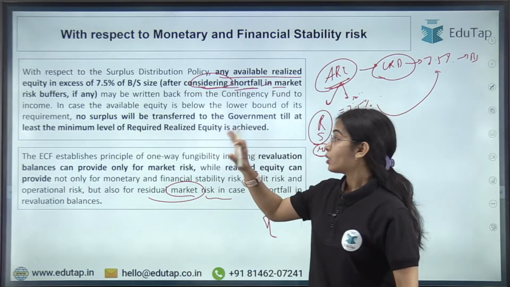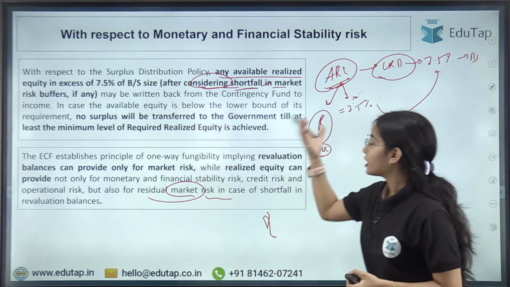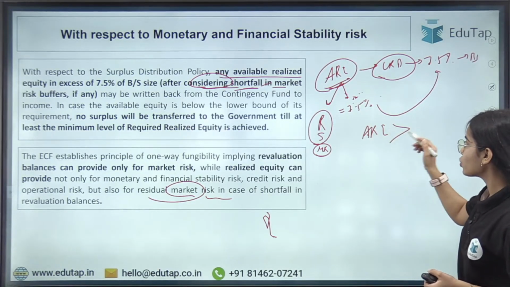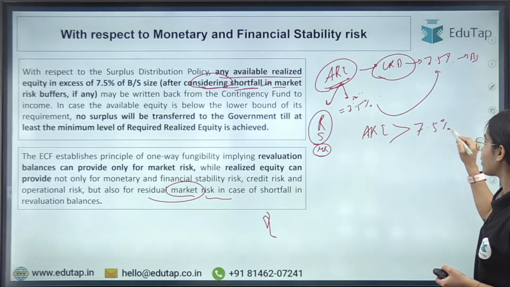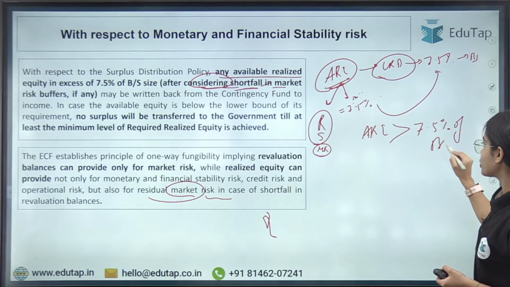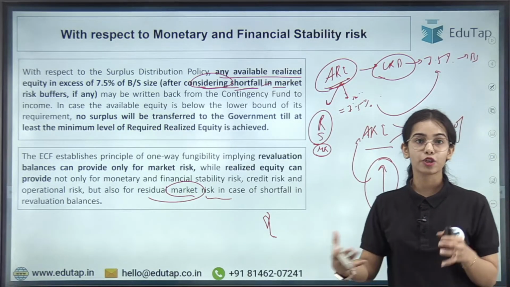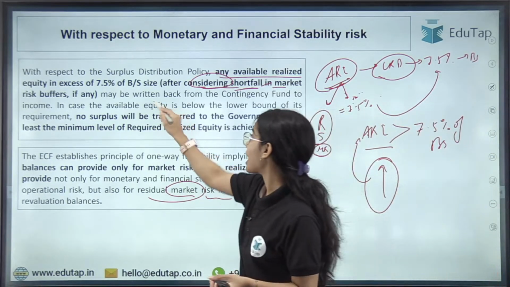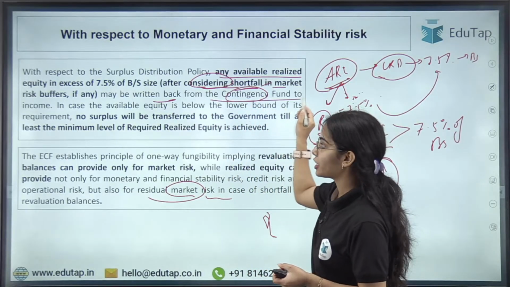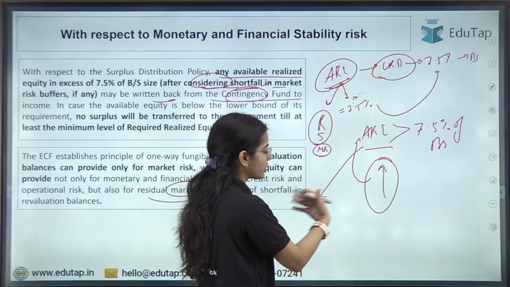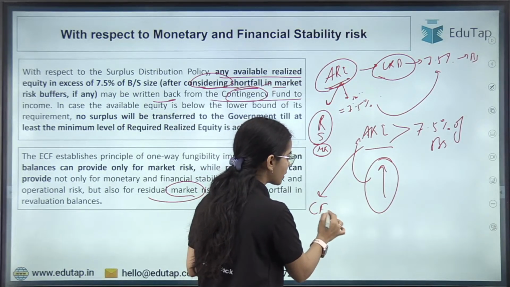Okay. Now if in the available realized equity there is more money or more capital as compared to 7.5% of the balance sheet, what will happen to this higher amount? So this may be written back from the contingency fund to the income. Available realized equity consists of the capital fund, reserve fund, and contingency fund.